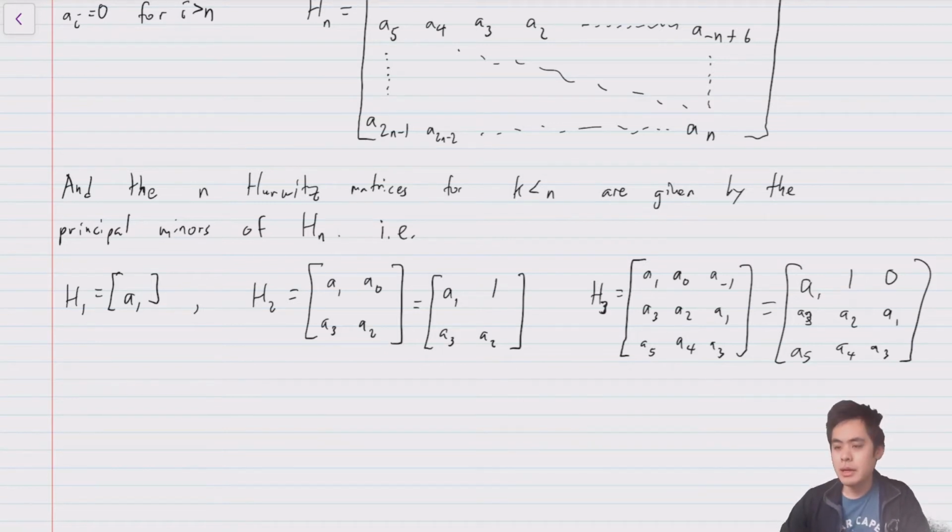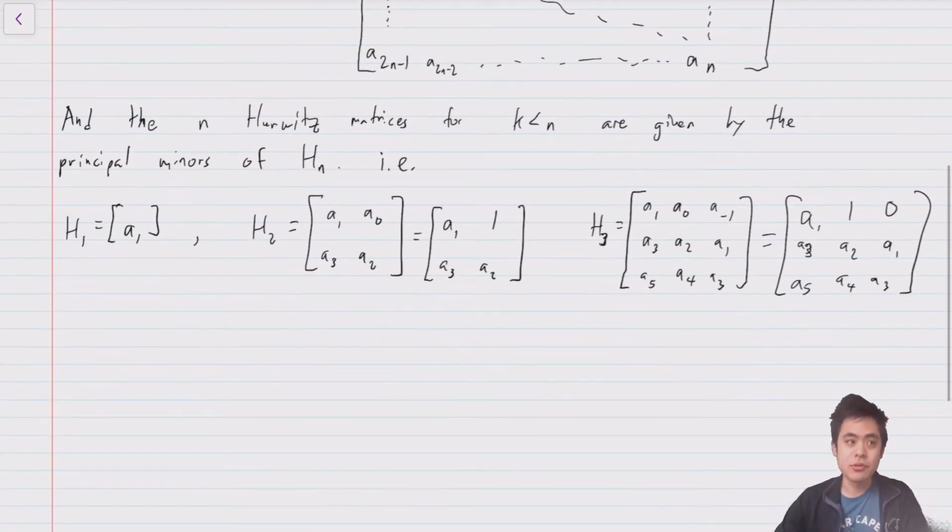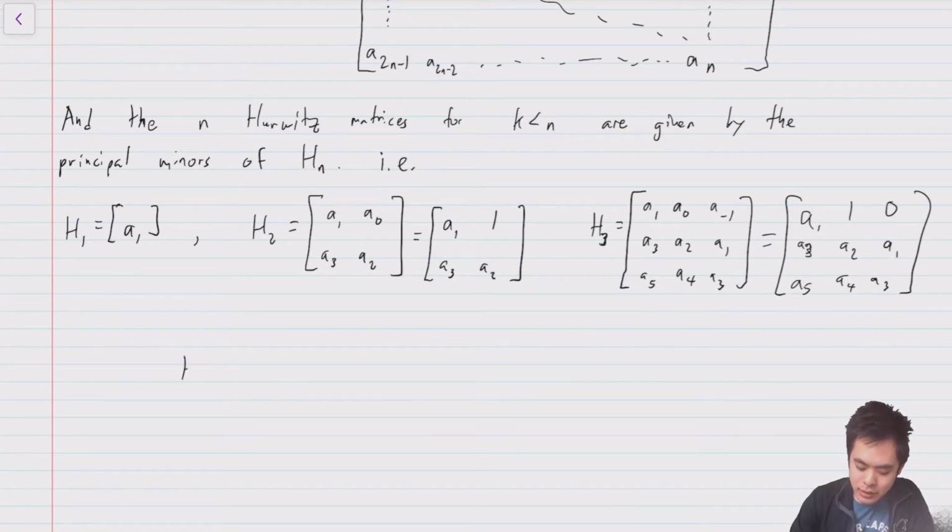Okay? And of course, the Hn matrix itself, you could rewrite in a slightly different way by replacing all the coefficients that are 0. Though it's a little bit hard to see what's going on here, so this is why I didn't do it this way originally. a1, 1, 0, there are a bunch of zeros.